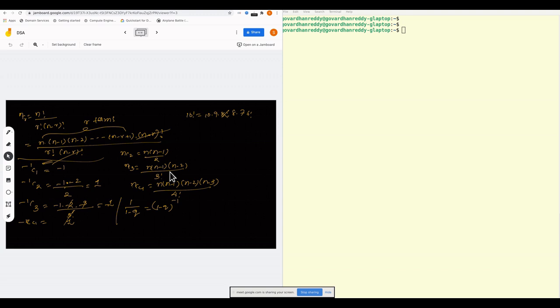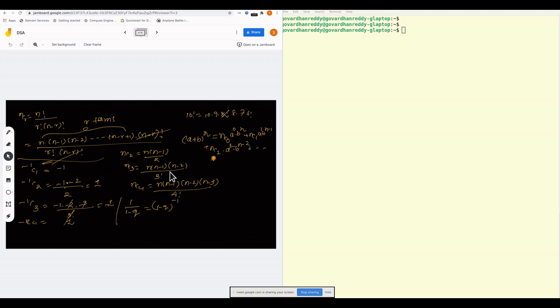I hope everyone knows the binomial theorem here, and that's where nCr actually came from. The binomial theorem says that a plus b power n is equal to nC0 into a power 0 into b power n, plus nC1 into a power 1 into b power n minus 1, plus nC2 into a square into b power n minus 2, plus so on.